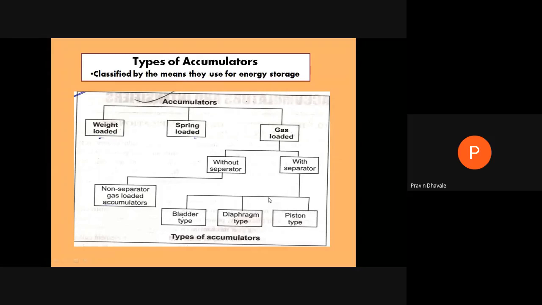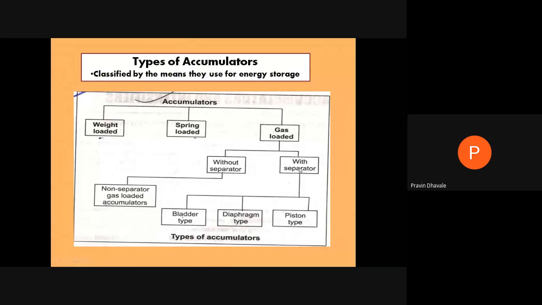The second criteria is with the separator, where we separate the pressurized gas, that is nitrogen, and the oil, which may be hydraulic fluid. The oil and the gas are separated by certain elements. In certain cases we use a bladder, in certain cases a diaphragm, or in certain cases a piston as an element to separate the oil from the gas.